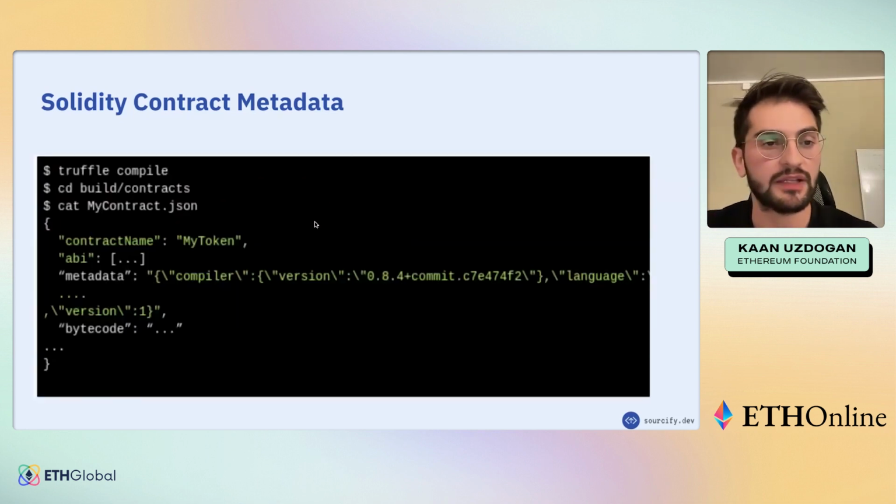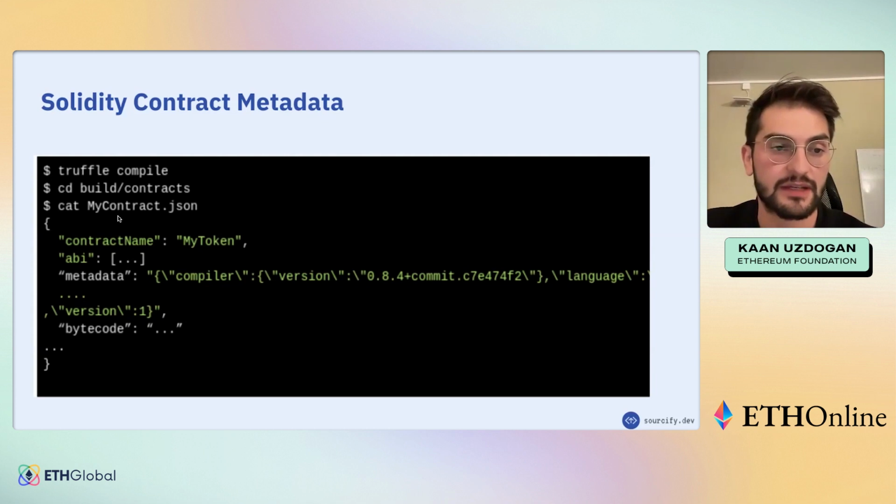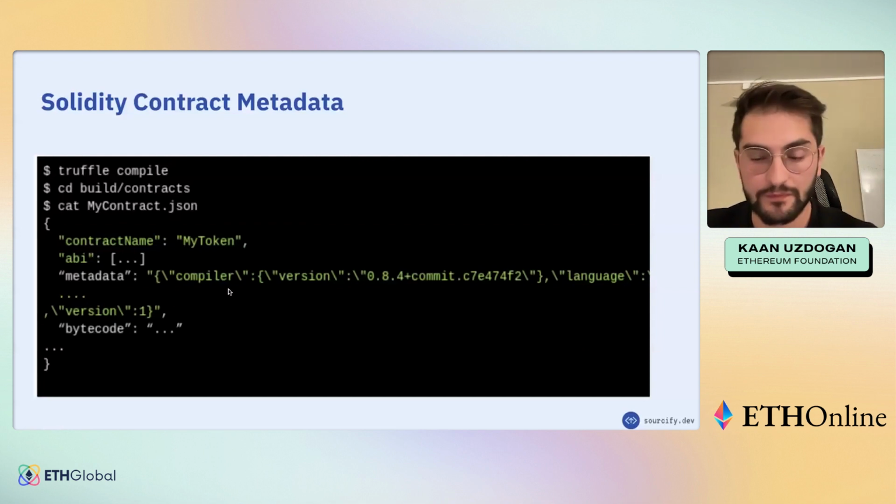It is also available on frameworks. If you're using Truffle, after you compile the files, you can access the compiler artifacts actually. And in the artifacts, you can find the metadata in the JSON fields.